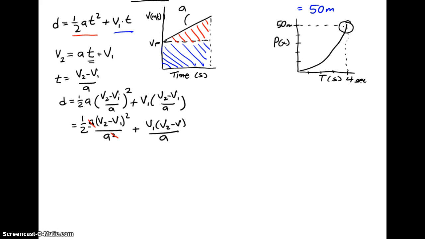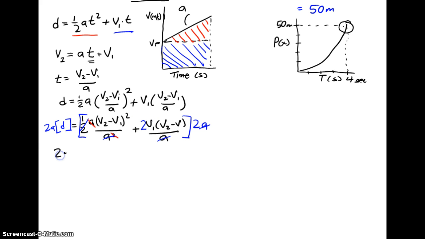So I'm going to multiply each side by 2a to clear out the denominator. So here I go with the 2a. Okay, so I'll be able to cancel out a. I'll have a 2 in front here, this 2.